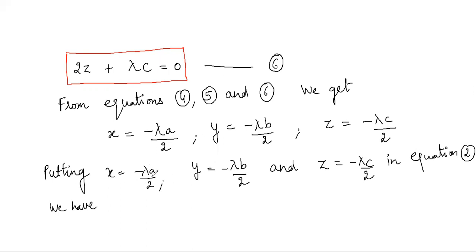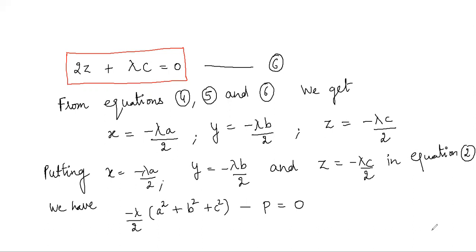equation 2 is ax plus by plus cz minus p equal to 0. Lambda by 2 is common in the first three terms; in fact, we can take minus lambda by 2 as common, and we will be left with a square plus b square plus c square minus p equal to 0.